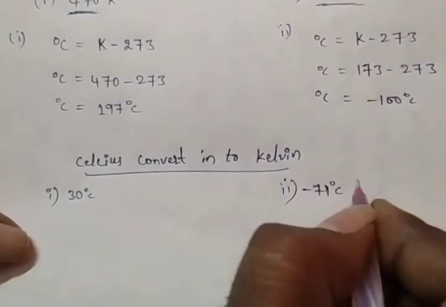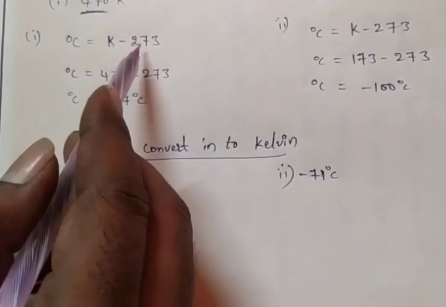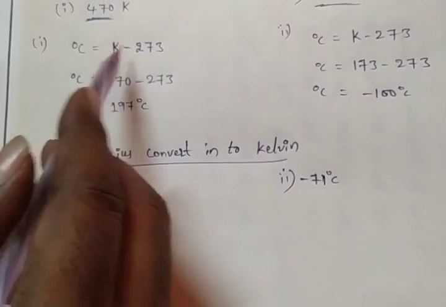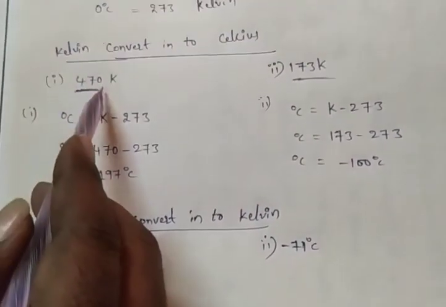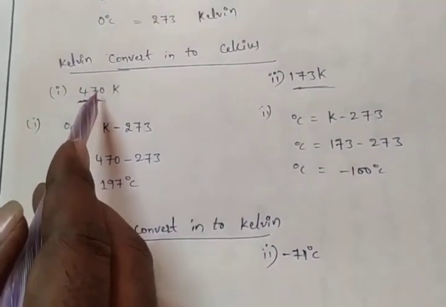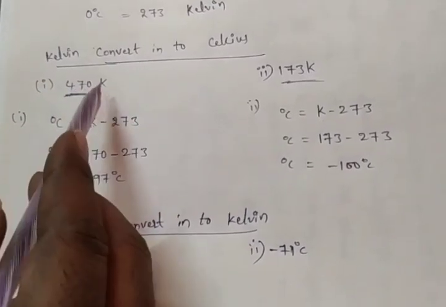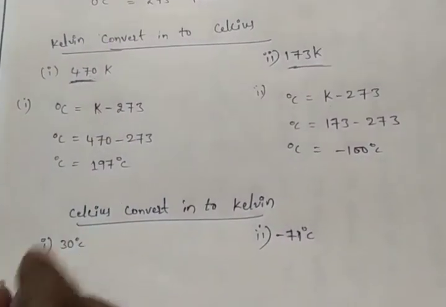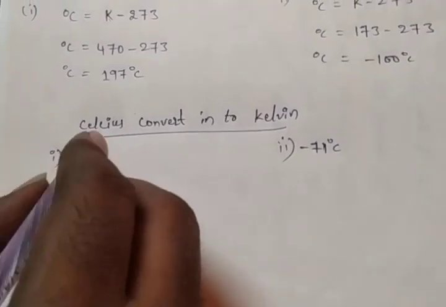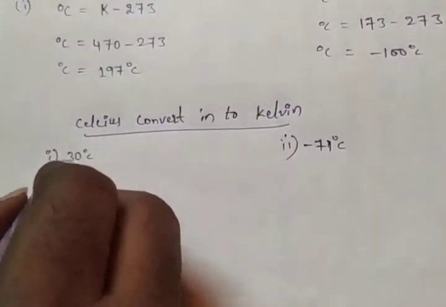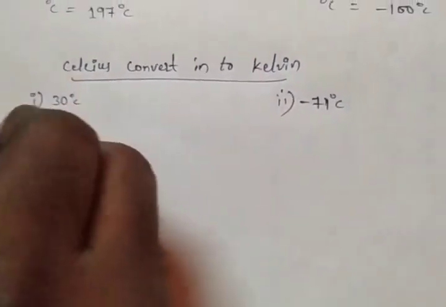How can we convert? What did we do before? We subtracted 273 from the Kelvin to get the Celsius. Then what about here, Celsius converted into Kelvin?